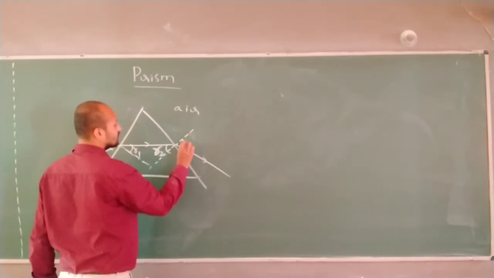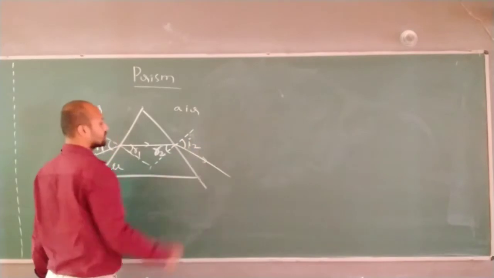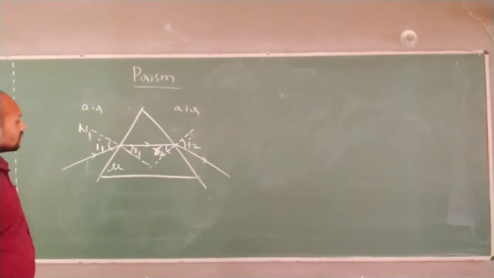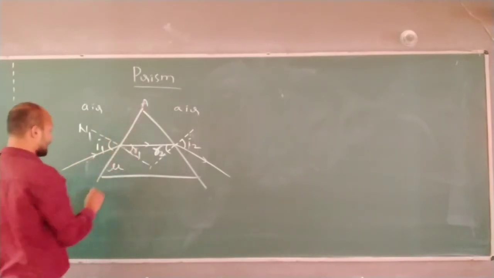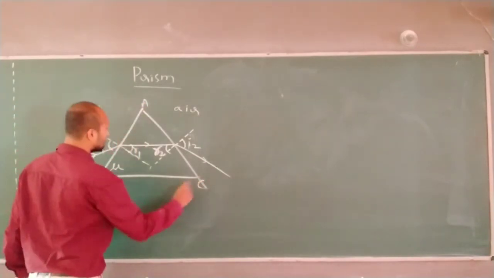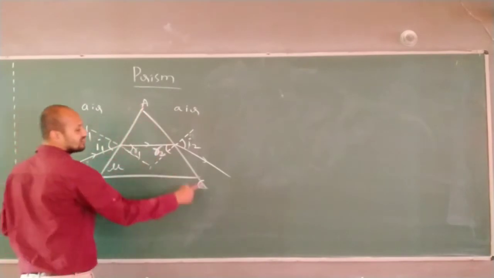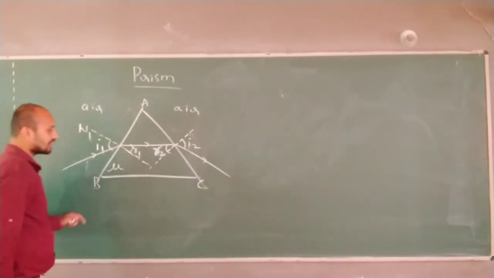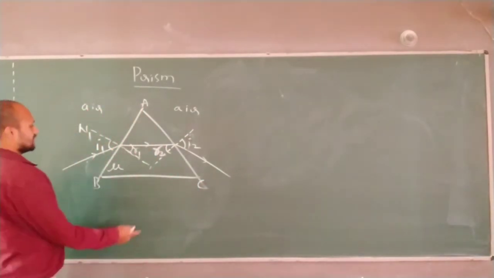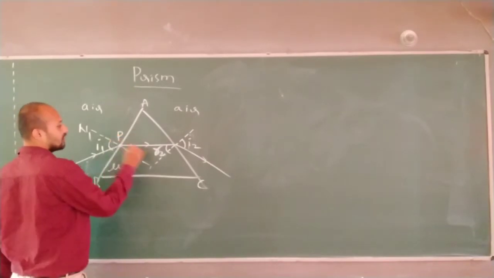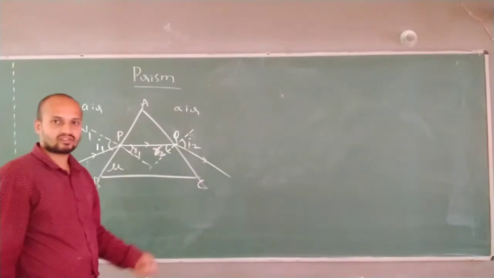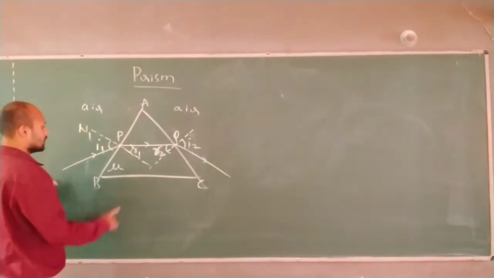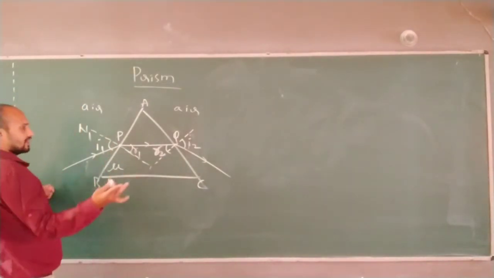Let us consider this is A, B, this is C. This is the AB surface, this is the AC surface. Let us consider a point P here and a point Q here. While talking, I have to mention these points.